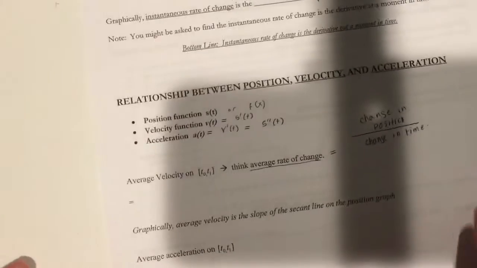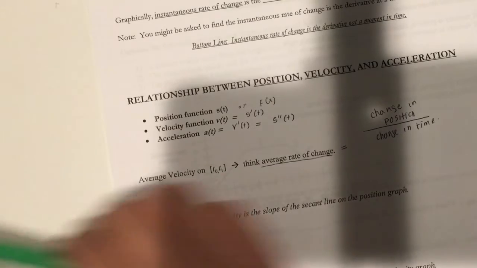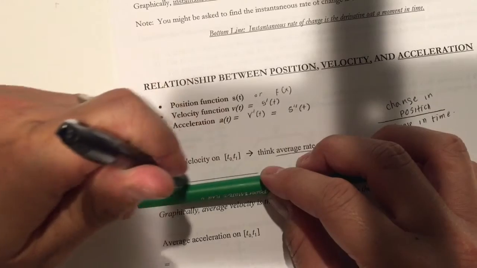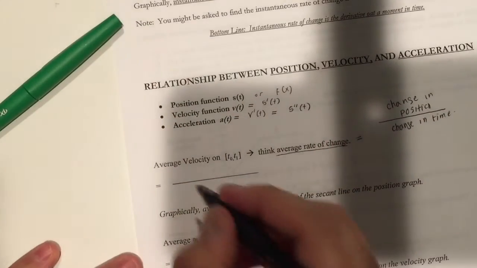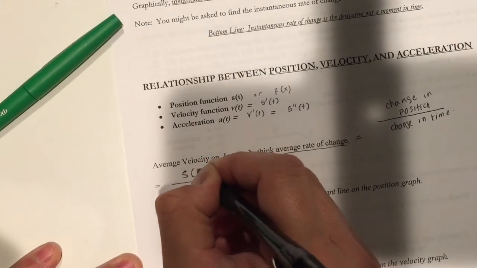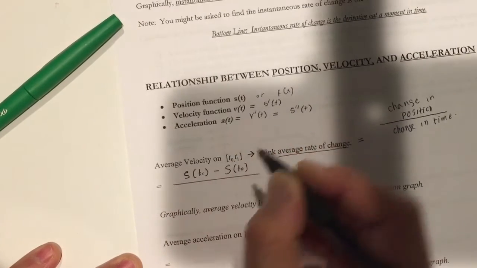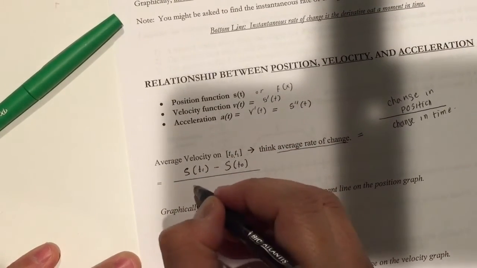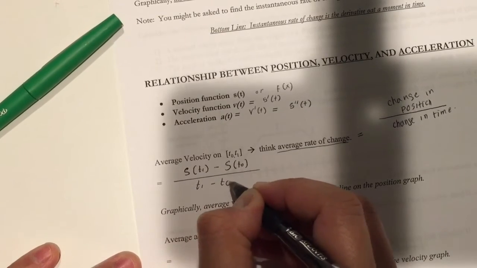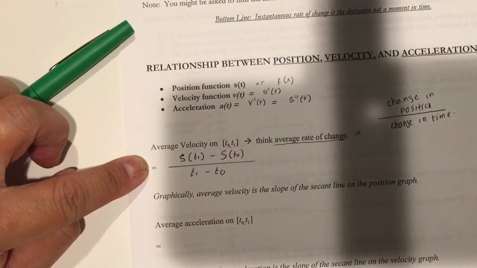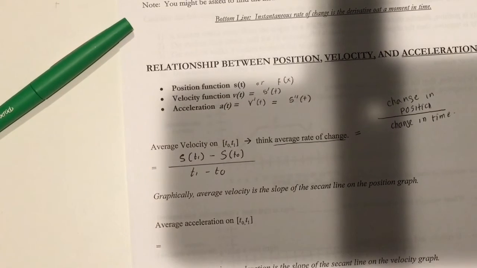And recall that the change in position is represented by s of t sub 1, take away s of t sub 0, divided by the time that has passed. This is the average velocity or the average rate of change.